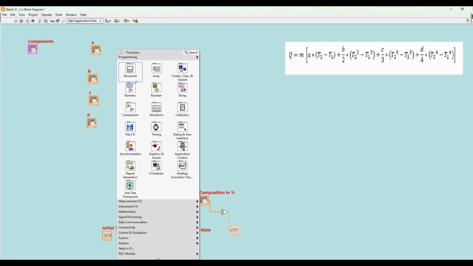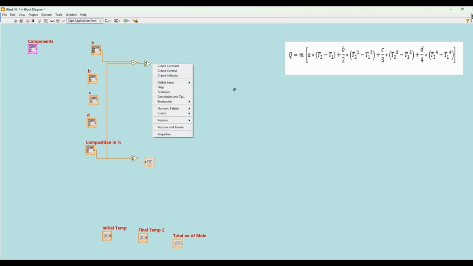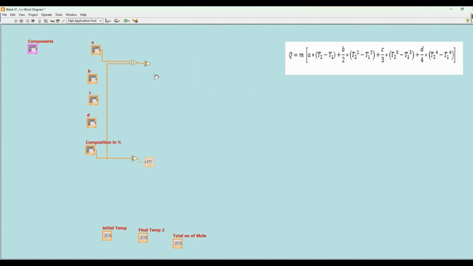So here I'll take a multiply sign, this is your A, multiplied with the composition. From here we have to take the sum, the summation of A into X, and this is multiplied with your temperature difference.